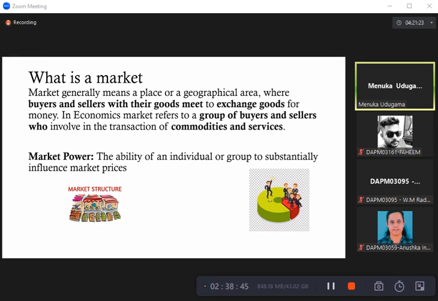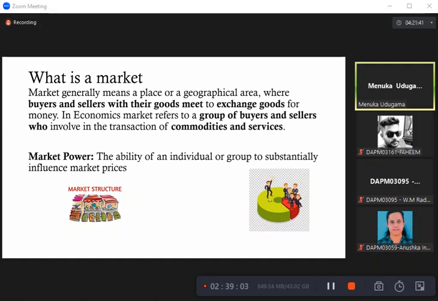In economics, market refers to a group of buyers and sellers who meet and do the transactions of commodities, goods and services, right? So buyers and sellers meet and then they exchange their goods and services for money, right?